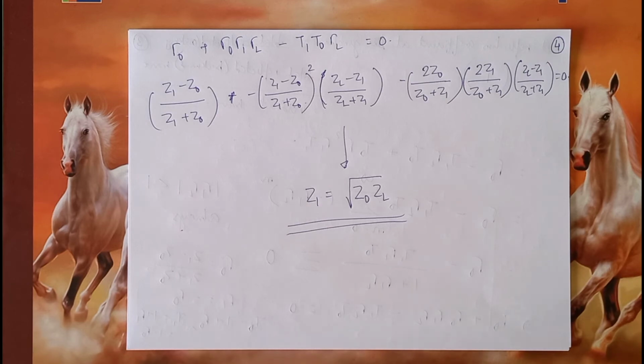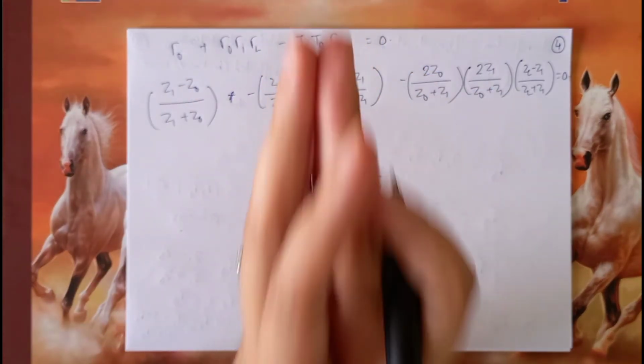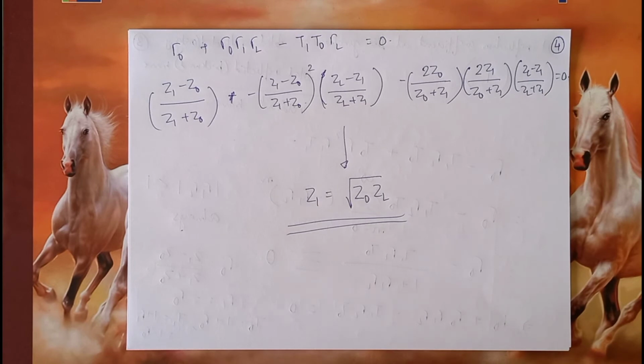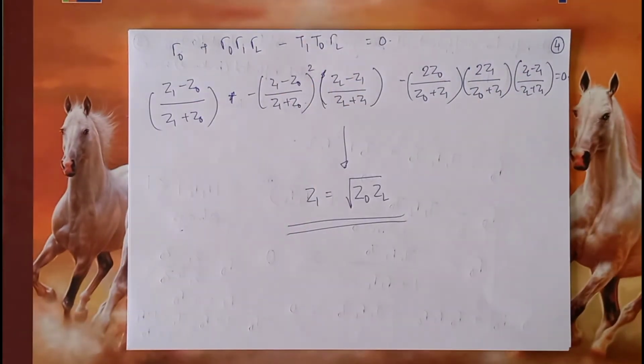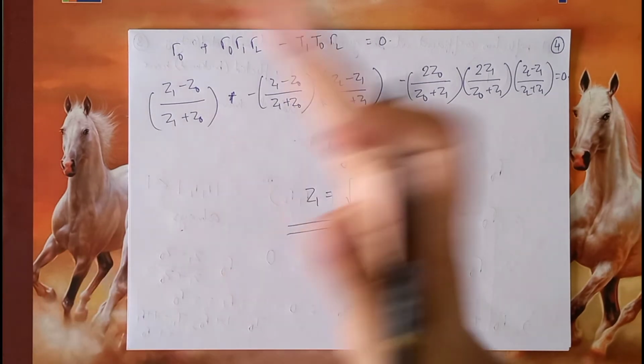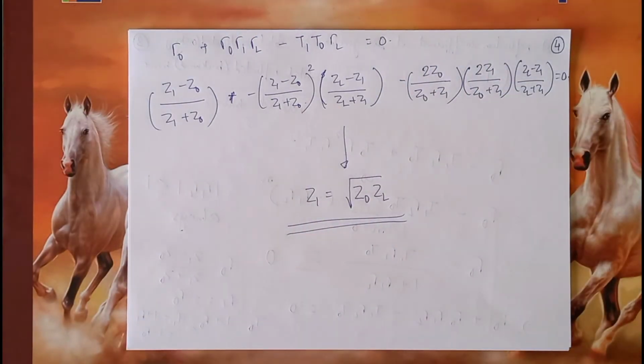Now, in the previous lecture, we discussed one drawback of a quarter wave transformer or the QWT. We said that if the length of the line is fixed, then there exists only one wavelength where the length of that quarter wave transformer corresponds to lambda by 4.